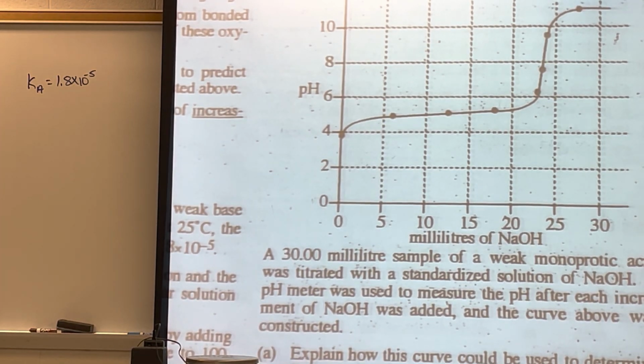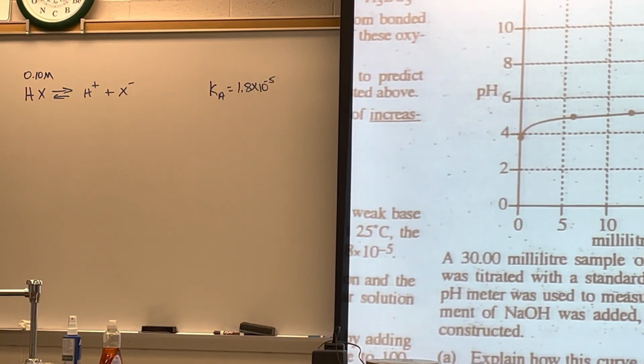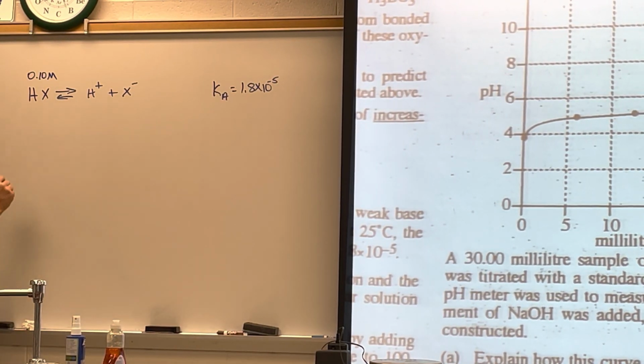How would I calculate the pH of a 0.1 molar solution of HX? What do we do? The square root of 0.1 times the Ka.